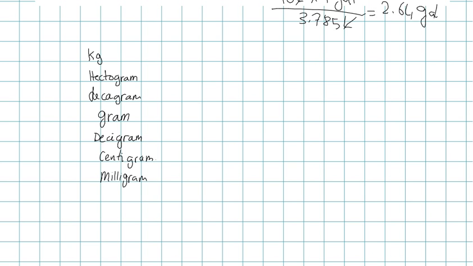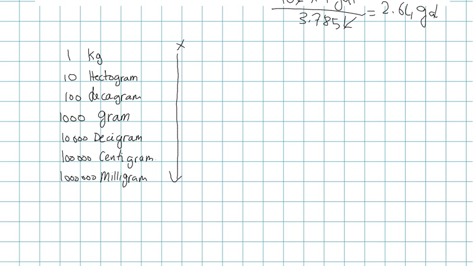If you're going down, you have to multiply. If I have 1 kilogram, that is equal to 10 hectograms, 100 decagrams, 1,000 grams, 10,000 decigrams, 100,000 centigrams, and 1,000,000 milligrams. As you go down, you multiply by 10 for every step you take down.